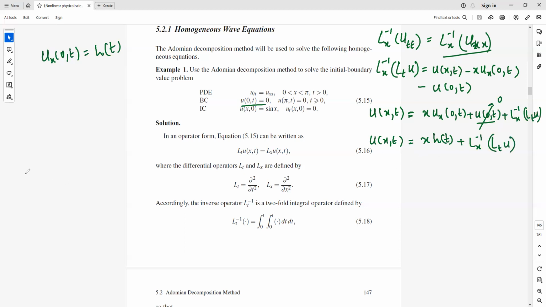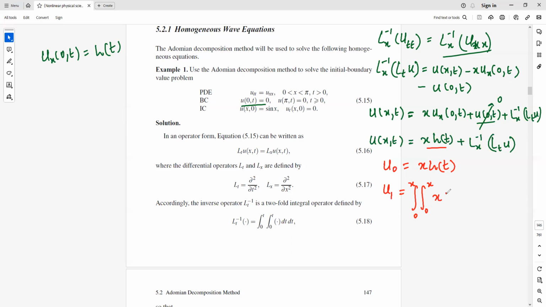Now, since u0 here will be the term from the initial or the boundary condition, we have u0 equals x h(t). Similarly, u1 equals Lx inverse, meaning the iterated integral over the domain of x, applied on LT u.